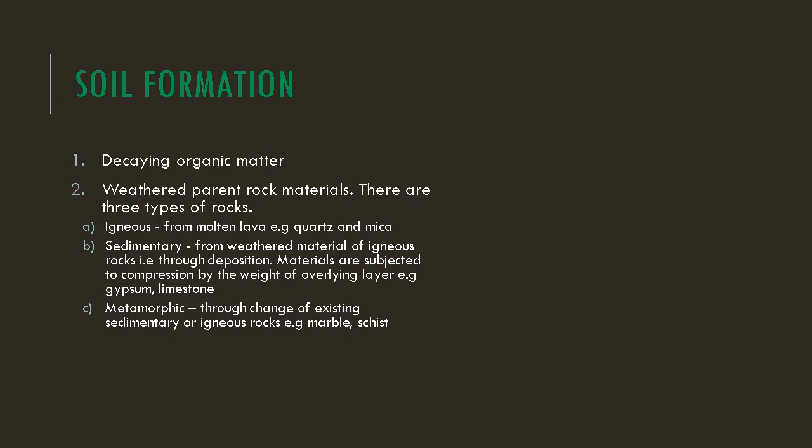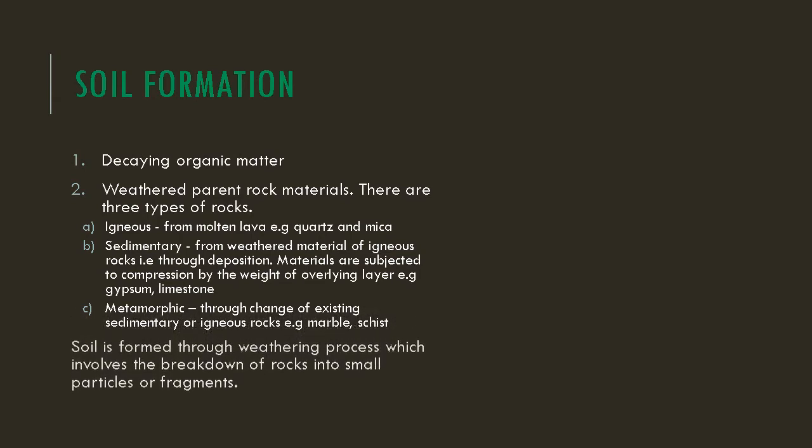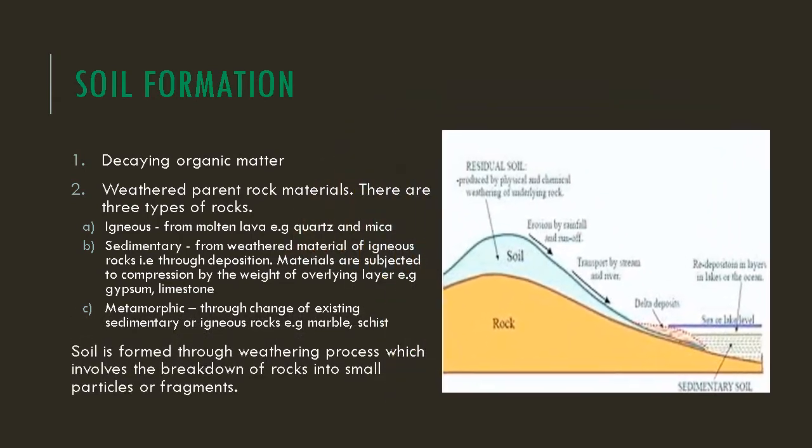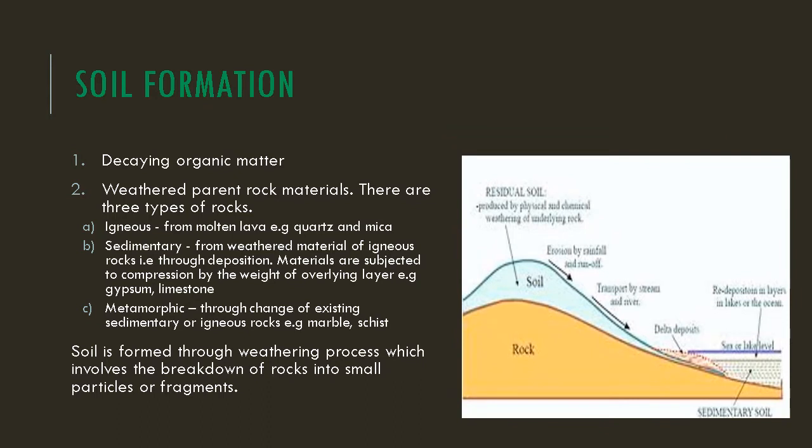Now, I'm showing next a diagram that gives a good definition of how formation of soil occurs. Here we have a rock. This rock is the one that disintegrates. Then at the end of the day, you get soil accumulating.